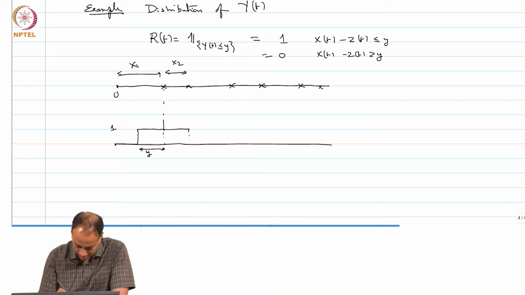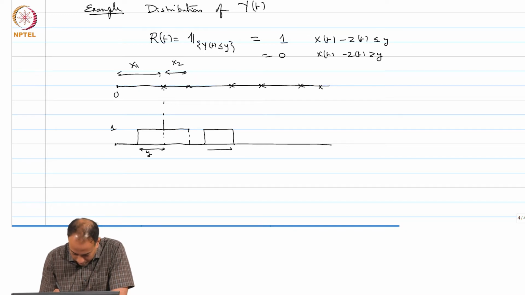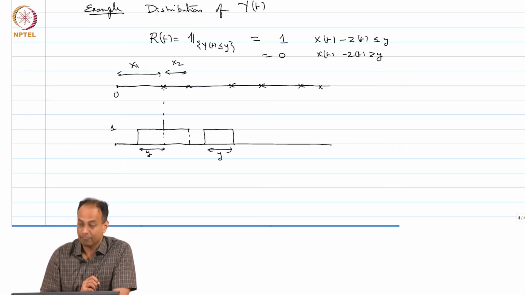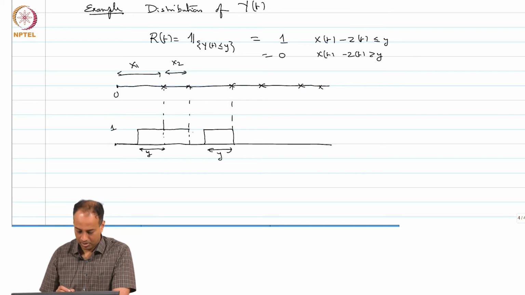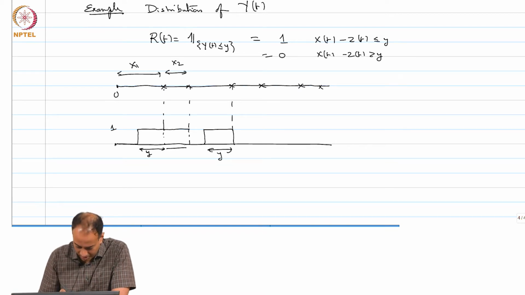And then this renewal interval is much longer, so my reward goes back to 0, and again it will become 1. So, this will be y. Now what is this equal to?